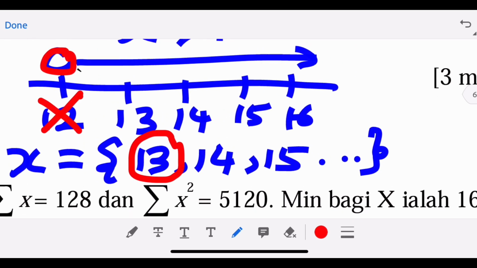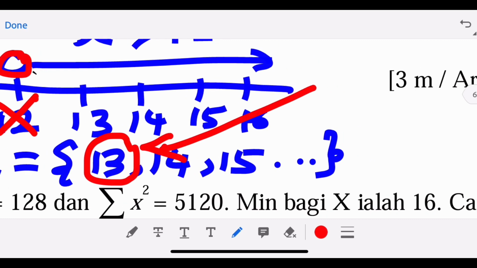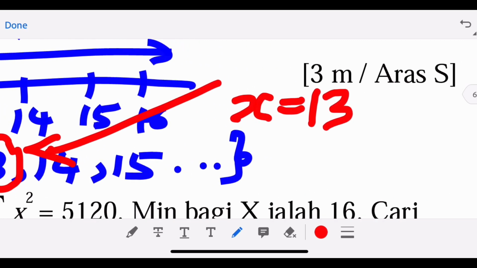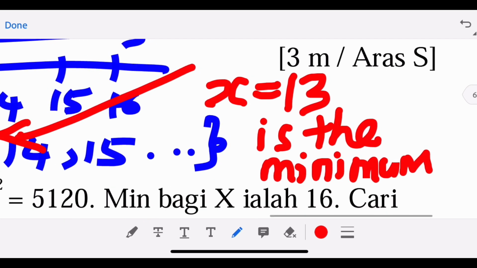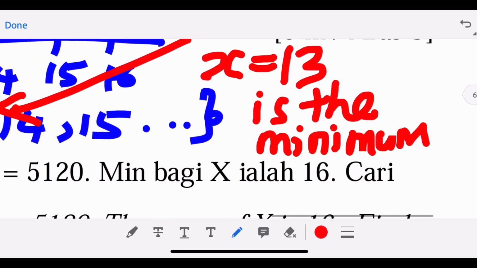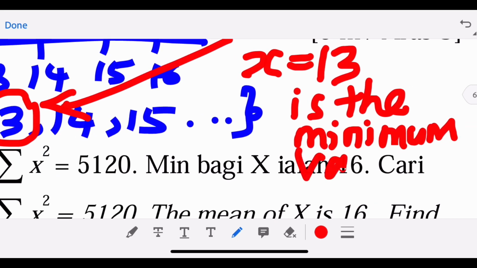You cannot take 12, because 12 is not inclusive, unless they say at least. If they change the question to at least 3, then you have to take in the 12, because at least is inclusive of 12. So be careful with more than, and be careful with at least or at most.